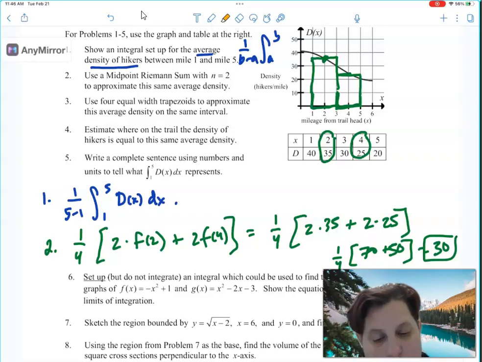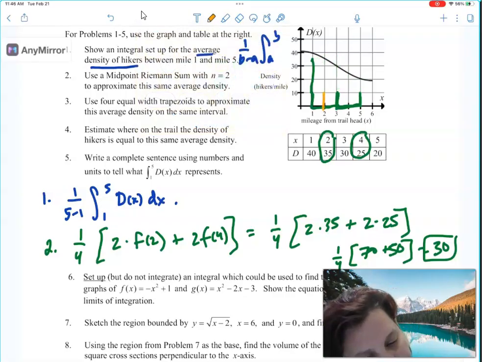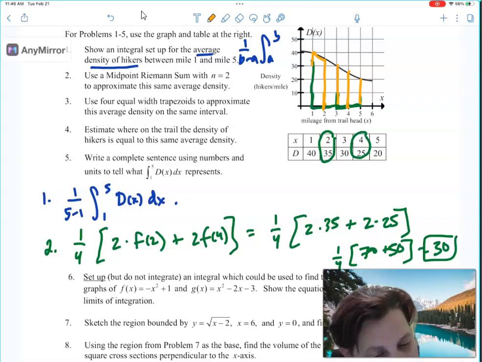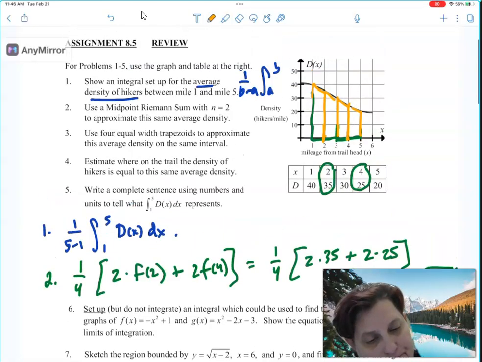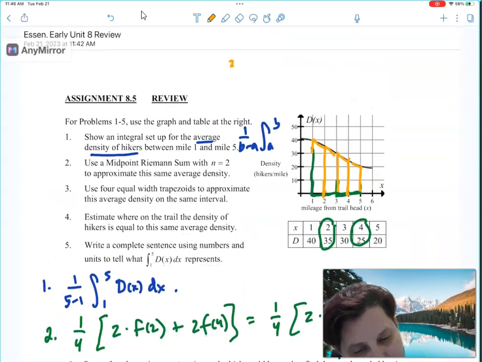Use 4 equal width trapezoids to approximate this average density on the same interval. So now we're going to do trapezoids, but we have to do 4 of them, and each one is just like that. The average is still 1 over b minus a, and then I have to do a bunch of trapezoids.